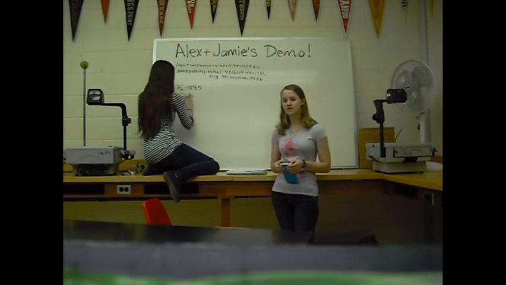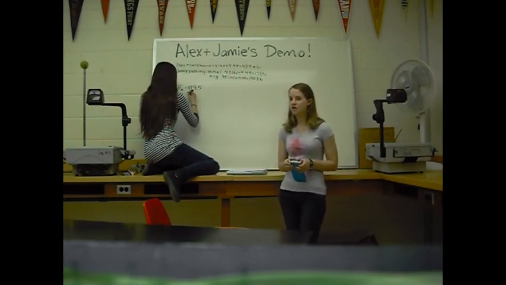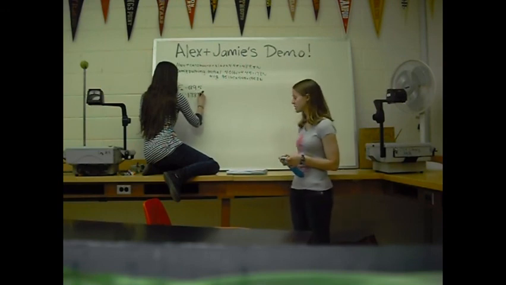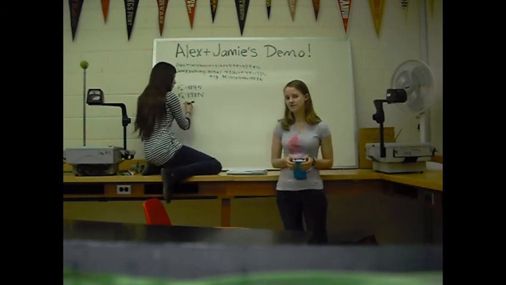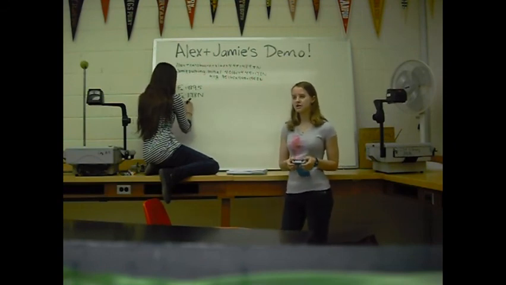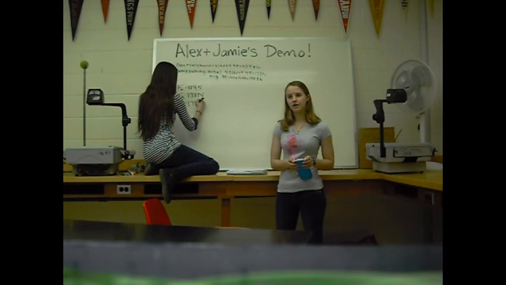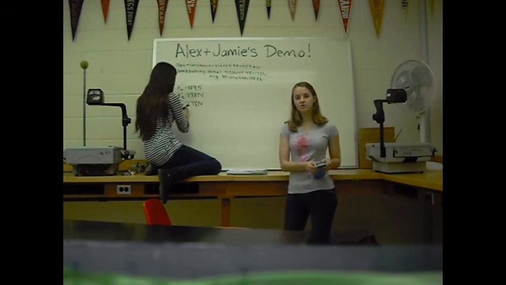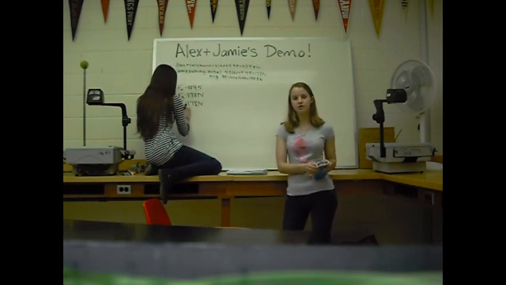So the applied force equals the force of friction. So for the coefficient of static friction, the force of friction is 178 newtons. The coefficient of static friction equals the force of friction over the normal force.